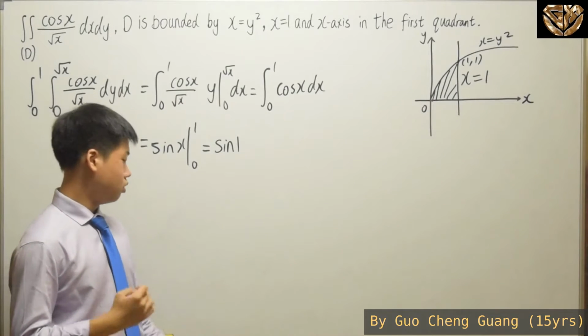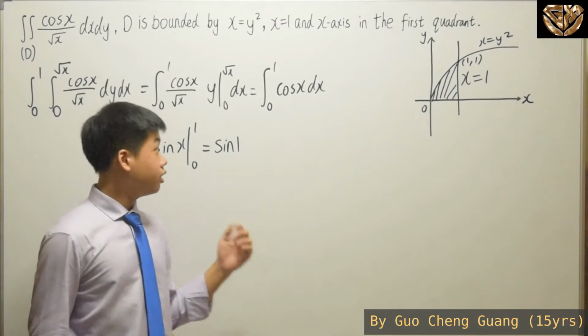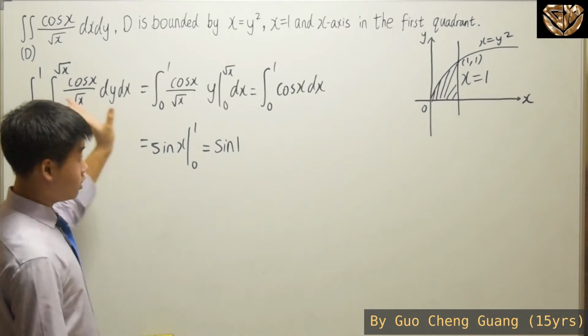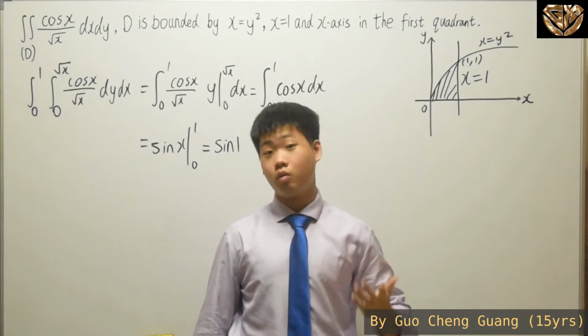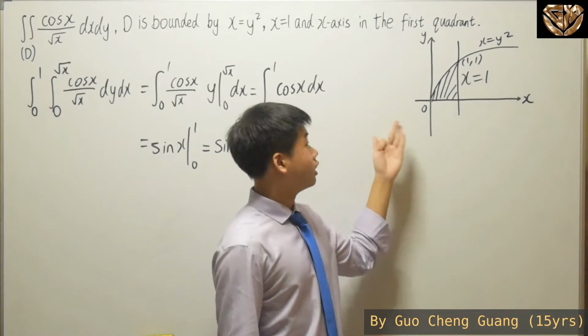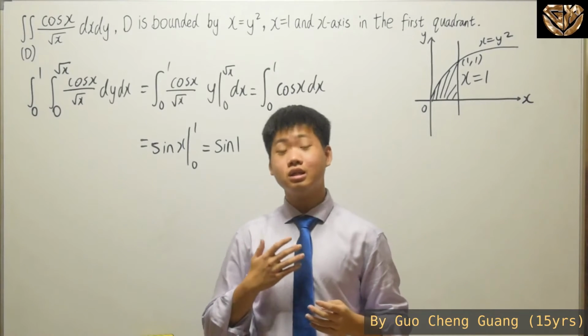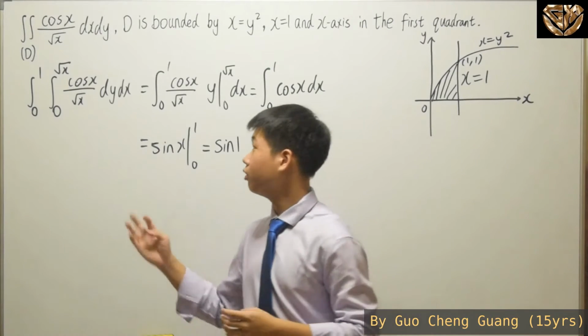So what kind of methods do we use in this example? First of all, we took a look at what this boundary, this range, this domain looks like. By looking at it, we can more easily determine what kind of boundaries to use for double integration.